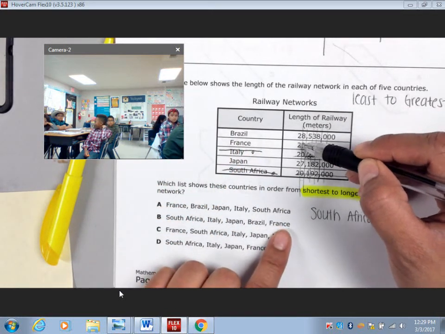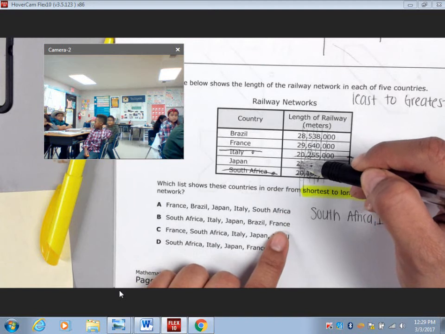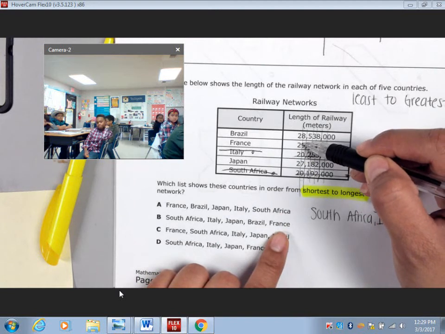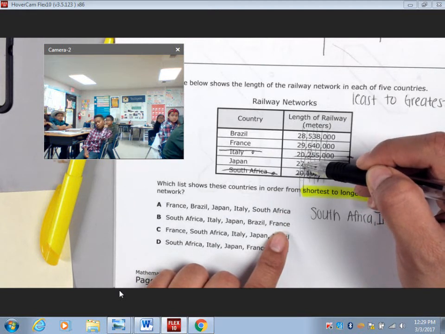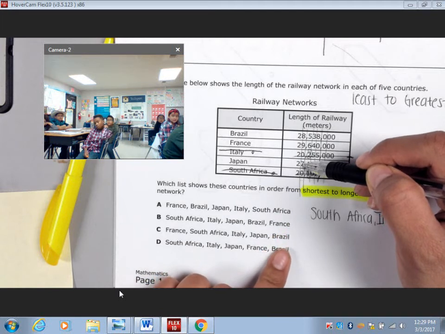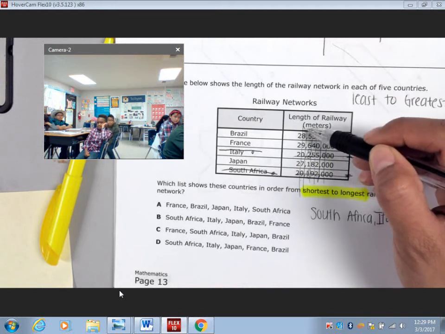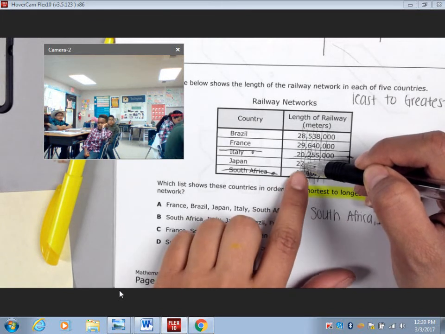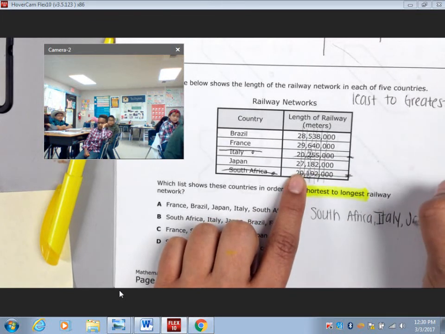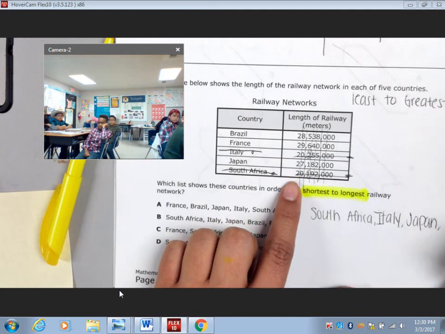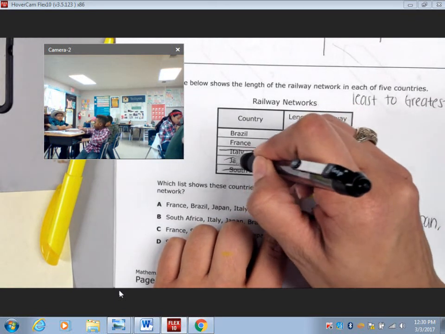2, 2, and 2. Equal. 8, 9, and 7. Remember, we're looking at the smallest, the least. 8, 9, and 7. Japan. Next, we're done with Japan.